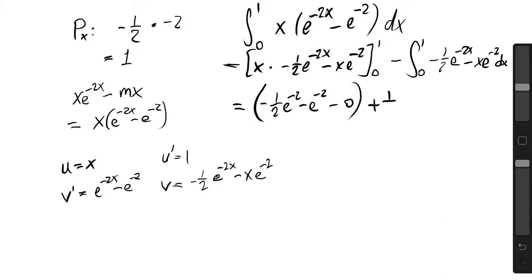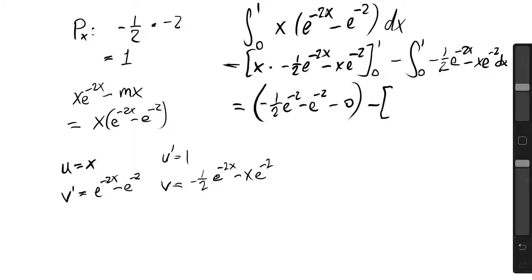Now we factorize out the minus a half. Actually, that's a bad idea. Let's just integrate as is, because now it's a simple integration for both of them.